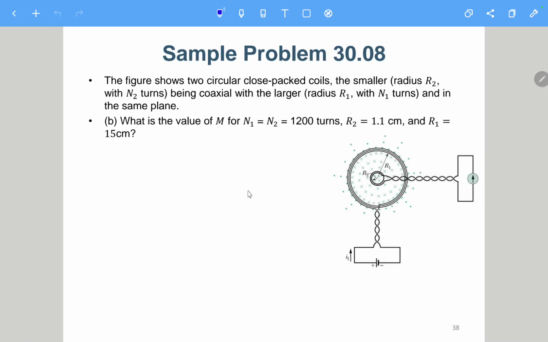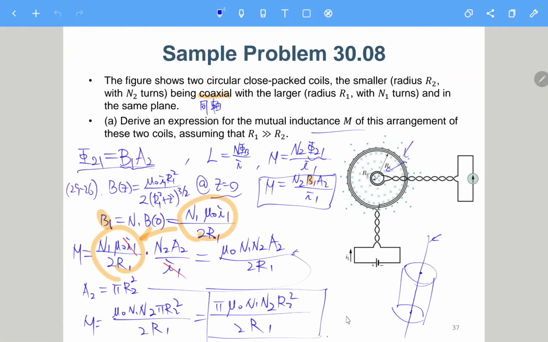And then here we have part B. It only asks that N1, N2 be this number, R2 is this one, R1 is this one. What is the value of M? Which means that we just put all the numbers in this expression.